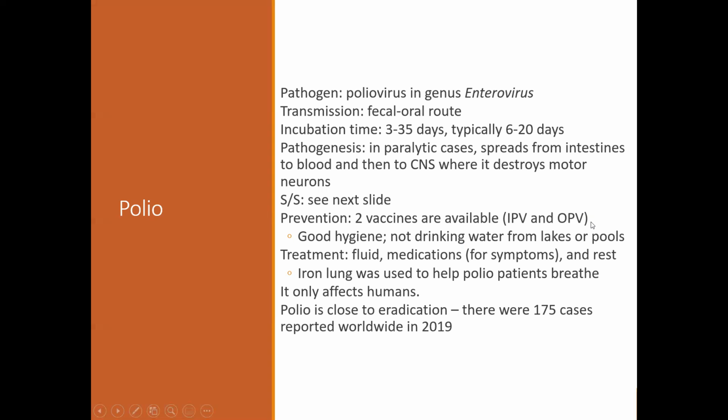The oral polio vaccine is a live virus, and so sometimes it can mutate and cause disease. So we do still have vaccine acquired polio, but that's also something that they are working on. And it's the reason why in the United States we only use the inactive polio vaccine.